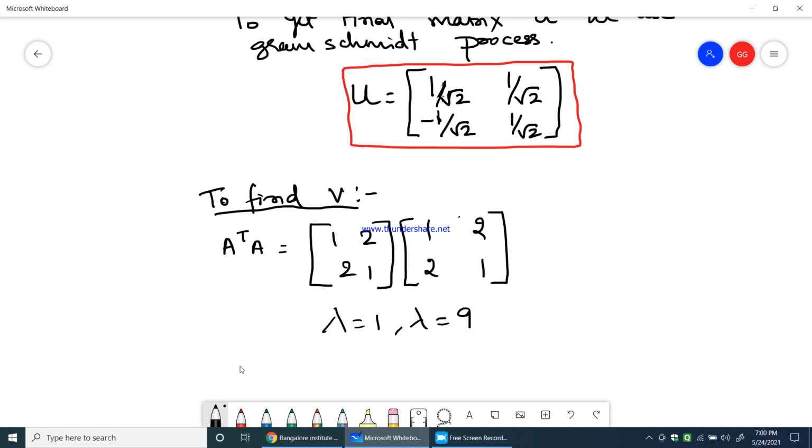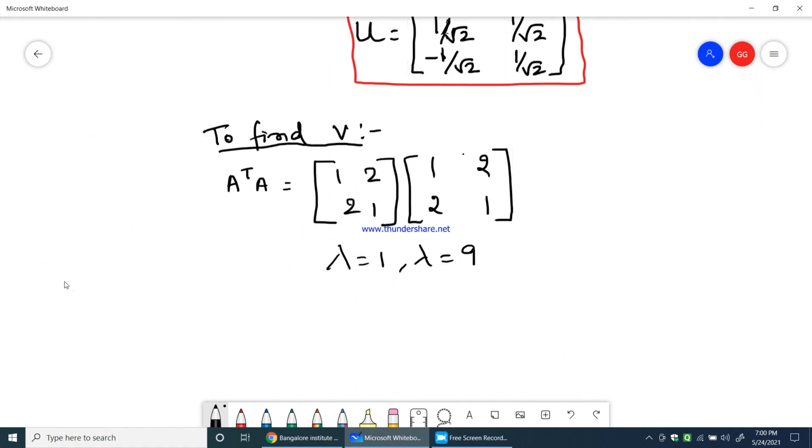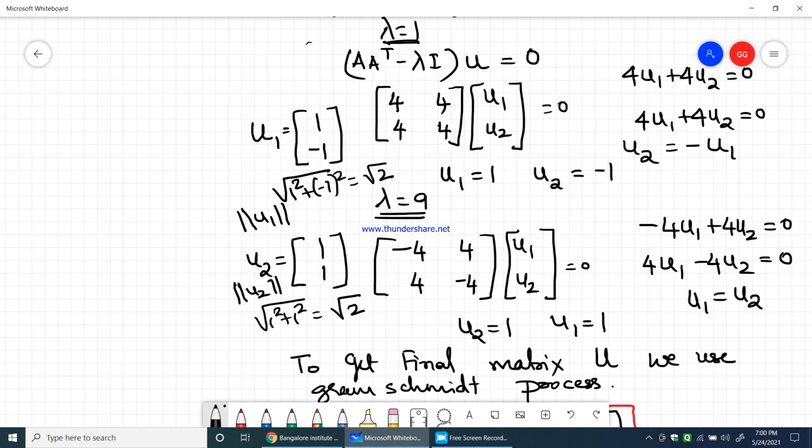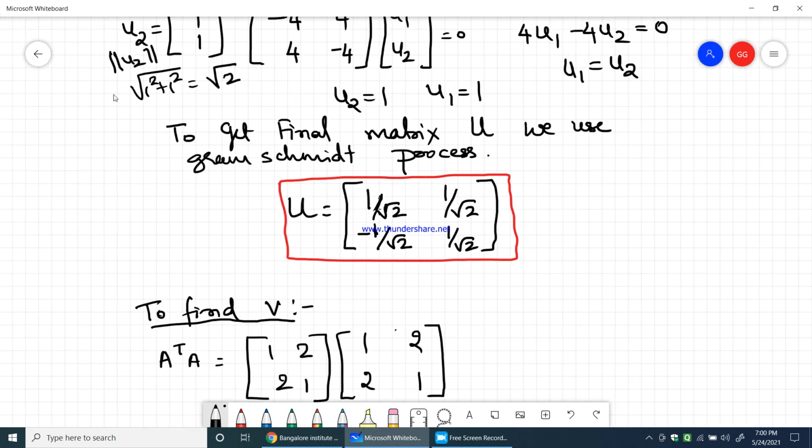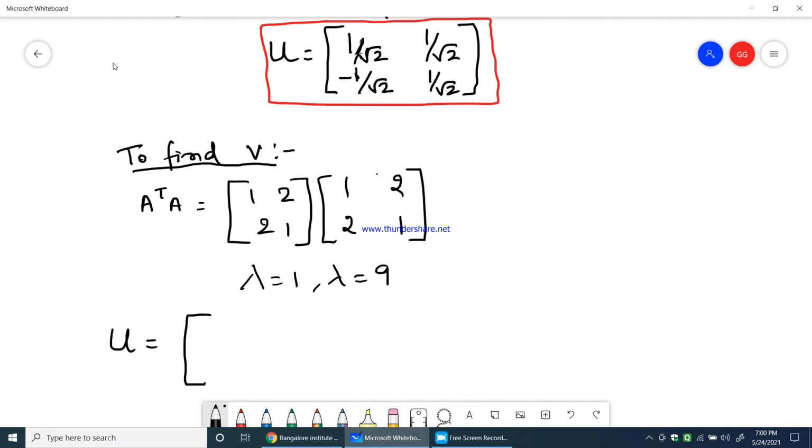Therefore lambda will be 1 and 9, and the vector will also be equal to the U vector we found, 1 by root 2 and 1 by root 2.